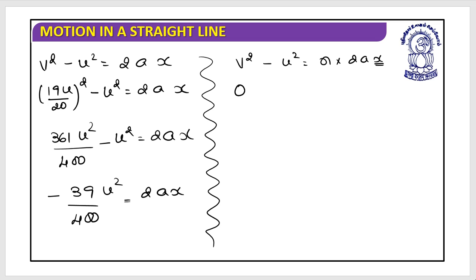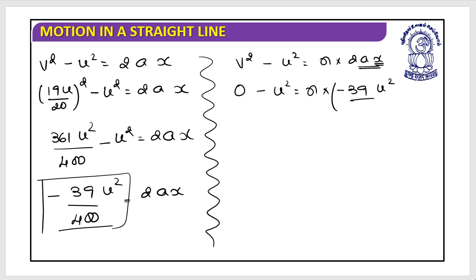So that should be 0 minus u square equals n multiplied by the value of 2ax, which in my case is minus 39 u square divided by 400. If I replace this, the minus minus is gone, u square and u square cancel out, and n equals 400 divided by 39.